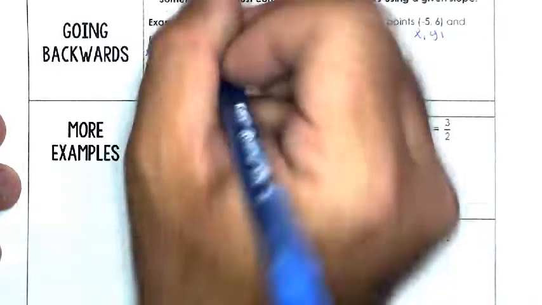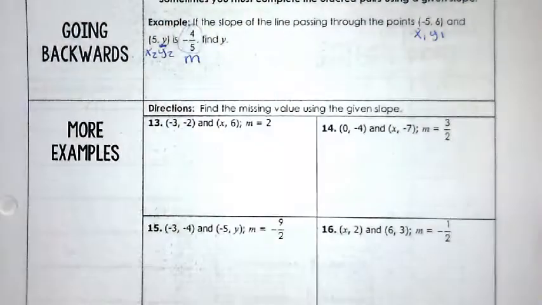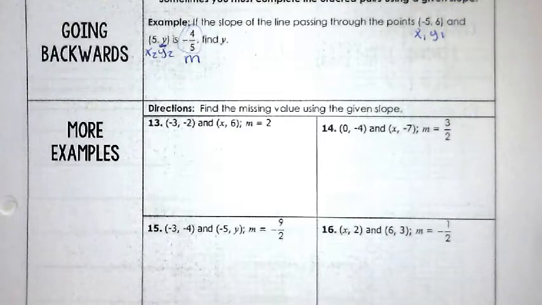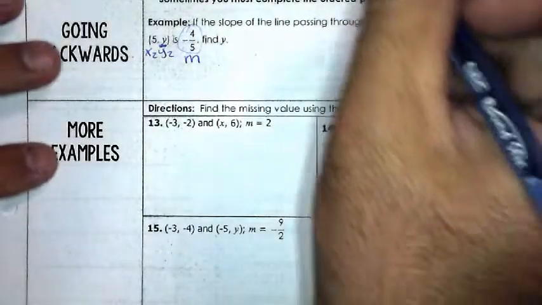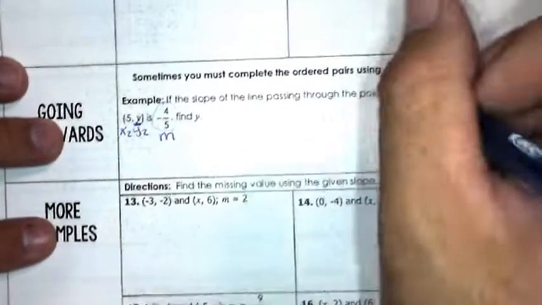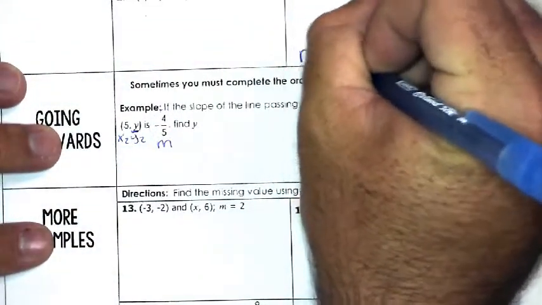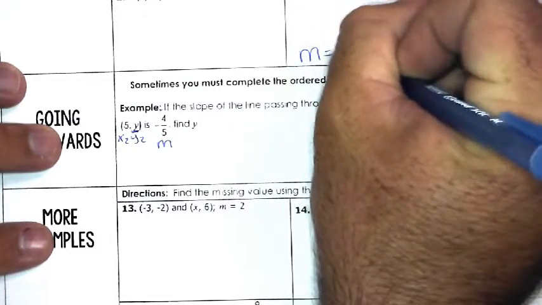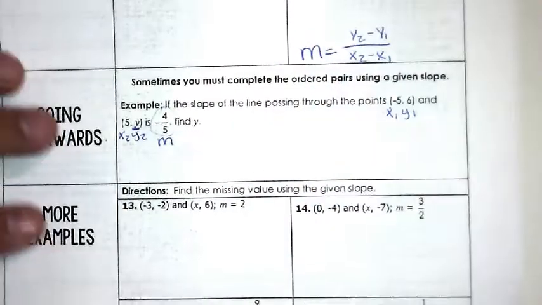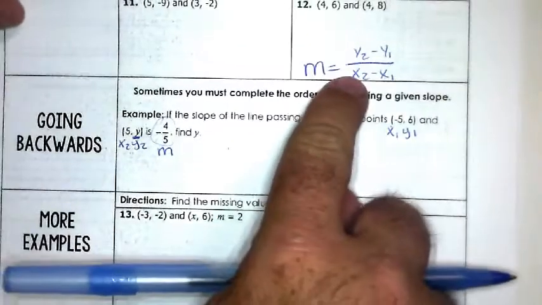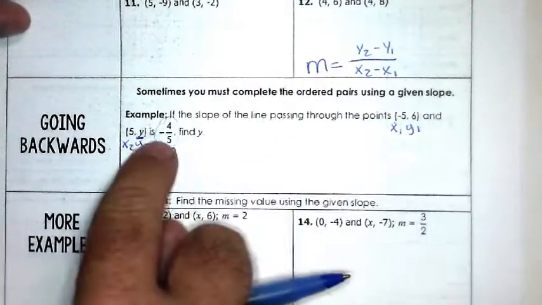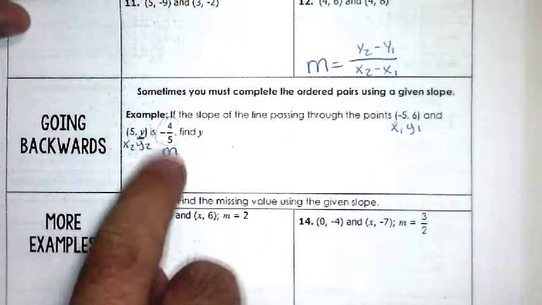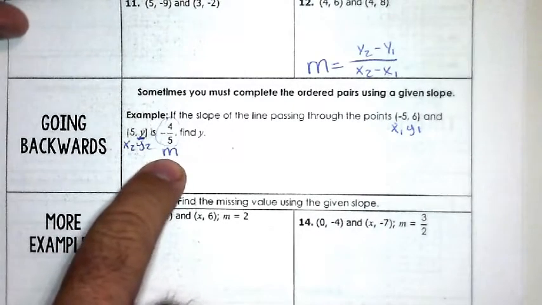Remember slope formula? Okay, I'm going to write it up here. M equals y2 minus y1 over x2 minus x1. Okay? I'm going to use that. Here's my equals. That's my is. That's how I know that that's the m. Does that make sense, Izzy? Okay? So, I'm going to rewrite this, but I'm going to go ahead and substitute. Everything's still the same. Step 1, label.